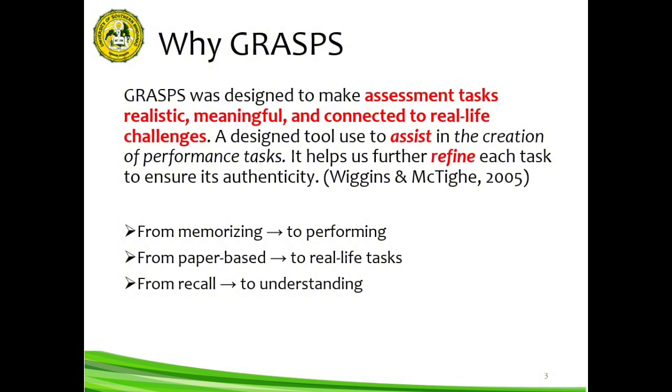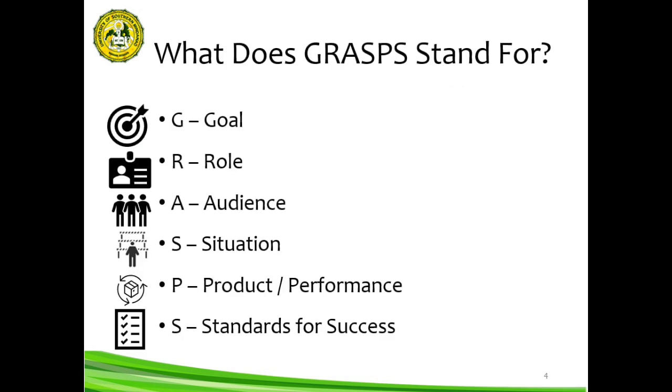Now, let's decode the meaning of each letter in GRASPS. GRASPS stands for the goal, the role, the audience, the situation, the product or performance, and lastly, the standards for success.